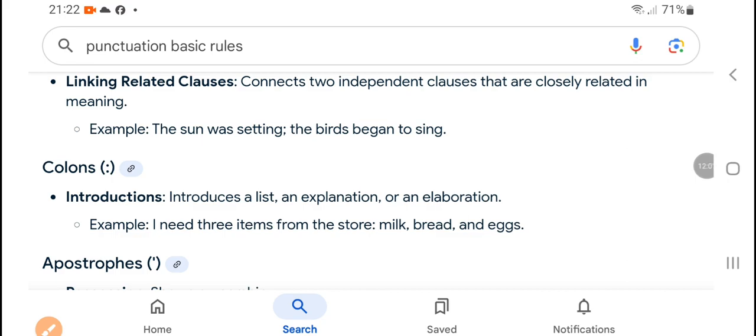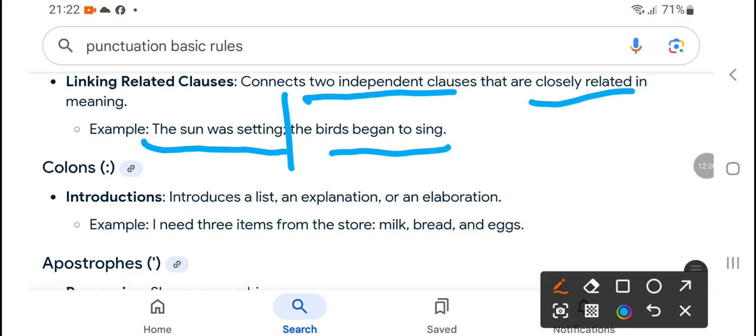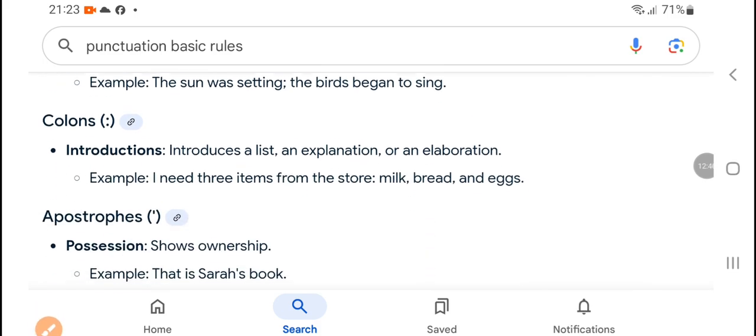"The sun was setting; the birds began to sing." These are two independent clauses but closely related. Both clauses are independent but closely related. So in that case we use a semicolon.